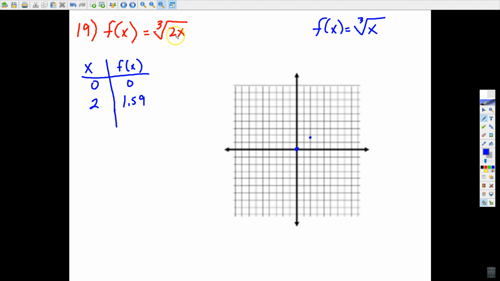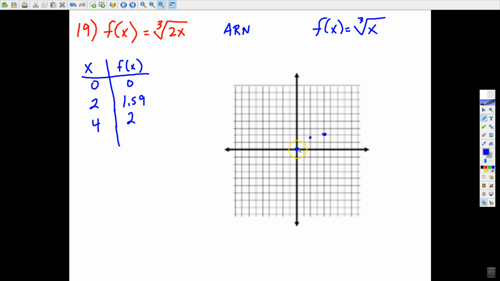And then if you wanted to use some perfect cube numbers, or that would create a perfect cube number, you could let x be 4 because the cube root of 8 is 2. And then be careful because the domain for this cube root function is all real numbers. And if you were to graph just this, you're not showing all real numbers.